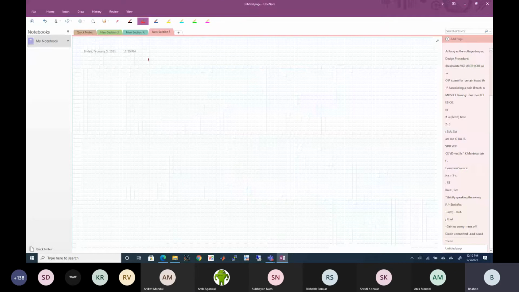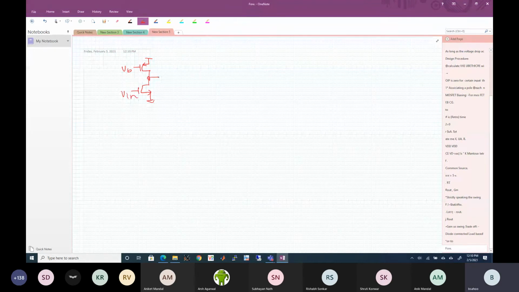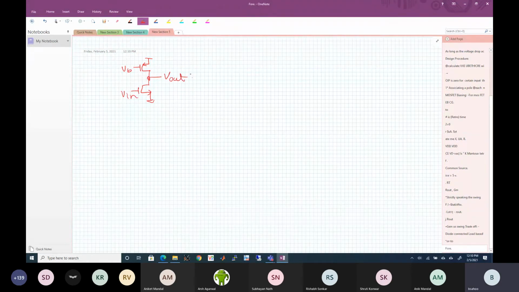So in case of a PMOS current source load, I apply a bias voltage, and then we have V in, V out, and before that, let me quickly take the attendance, download attendance list.